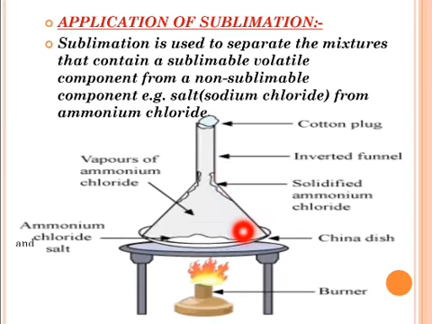Some salt is left behind in the china dish. We conclude from this that ammonium chloride is a sublime substance which does not melt on heating but is directly converted into the gaseous or vapor state and gets deposited on the inner cooler walls of the glass funnel as crystalline solid.